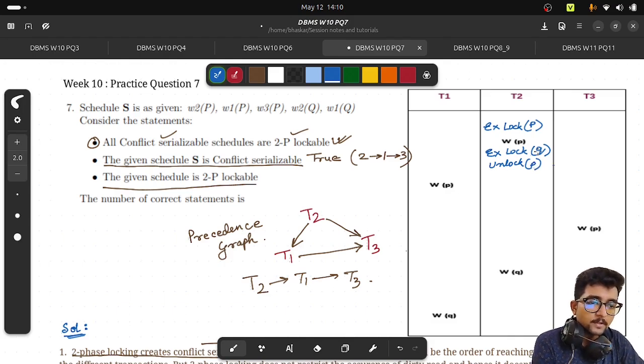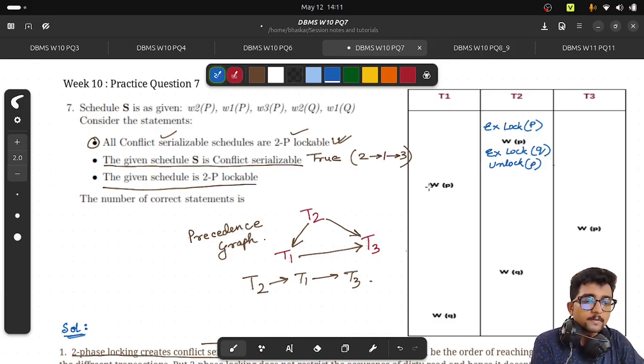I put an exclusive lock on Q and then unlock P because I know Q is the only data item, there are no other operations after this. Q is the only data item where we have to write, and I have already achieved the exclusive lock on Q and then unlocked. I need to be careful because once I unlock, I cannot gain a lock again. So this is what I do.